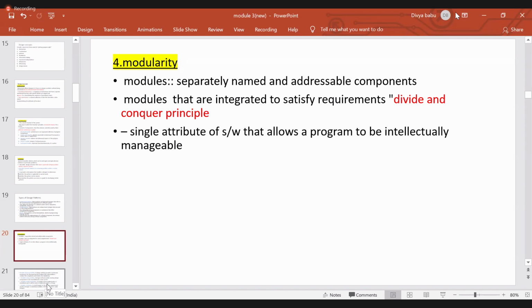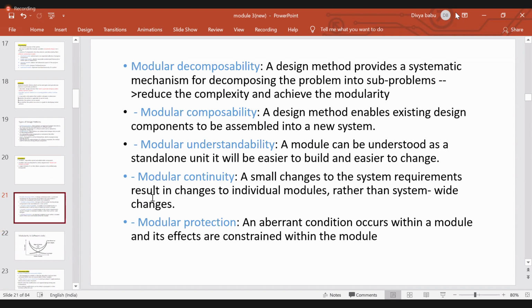Then modularity. We can divide it into modular decomposability, modular composability, modular understandability, modular continuity, modular protection. Based on different ways we can divide. Decomposability means a systematic mechanism for decomposing the problem into subproblems.